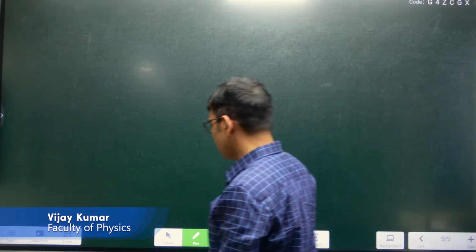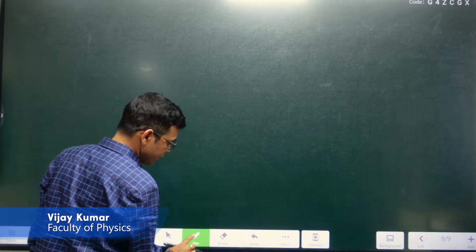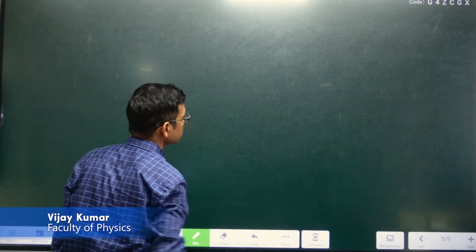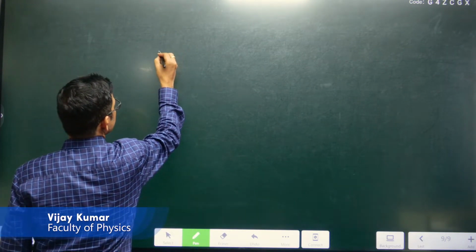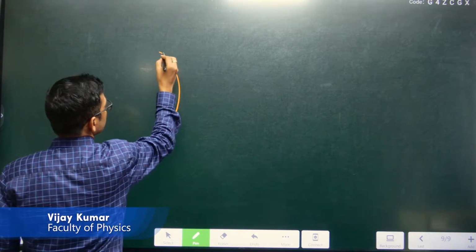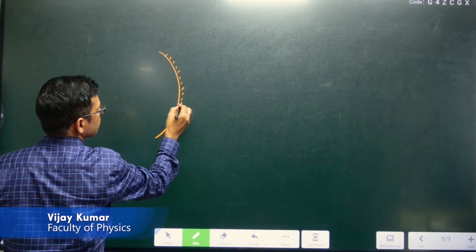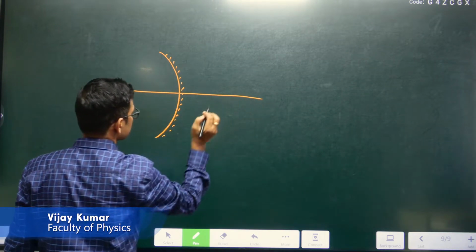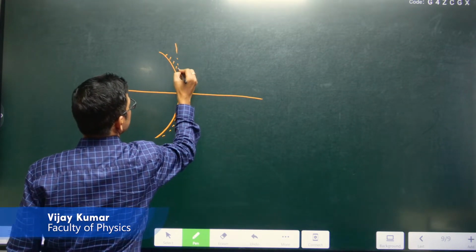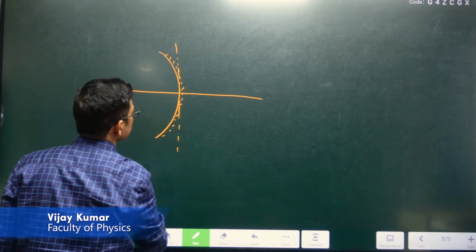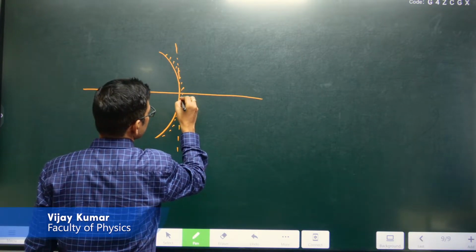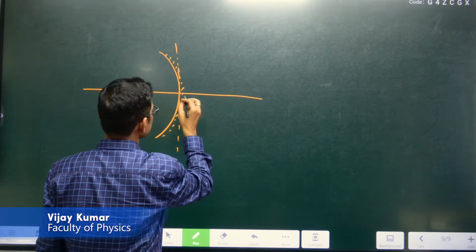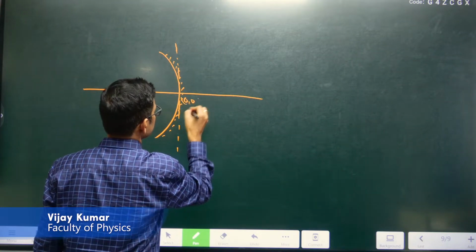Now in short form, suppose this is your mirror, this is your principal axis, so we consider this pole as the origin.